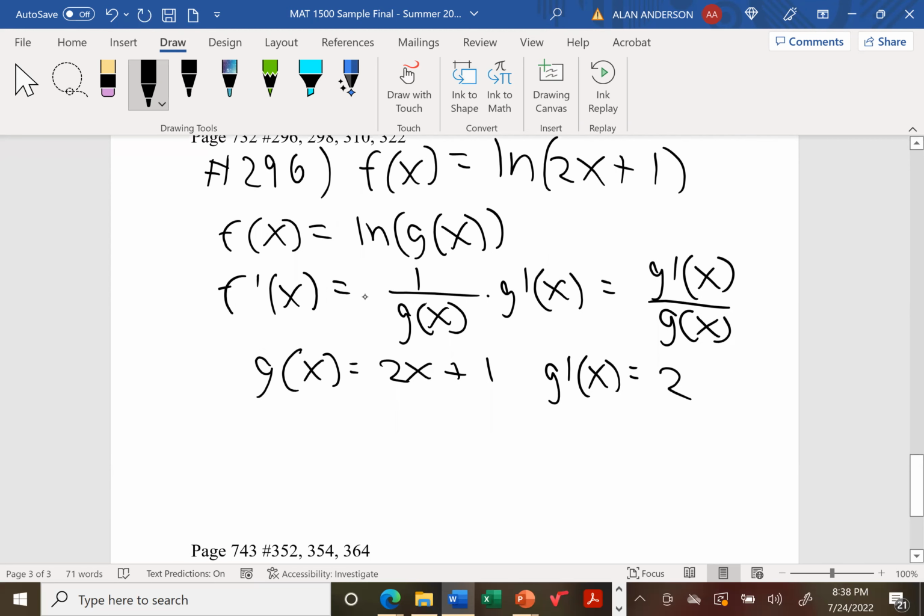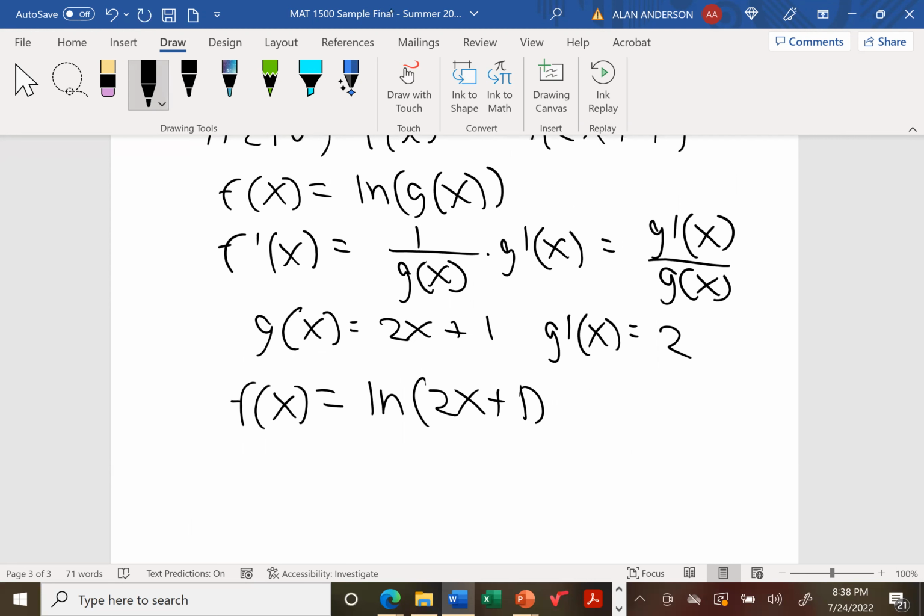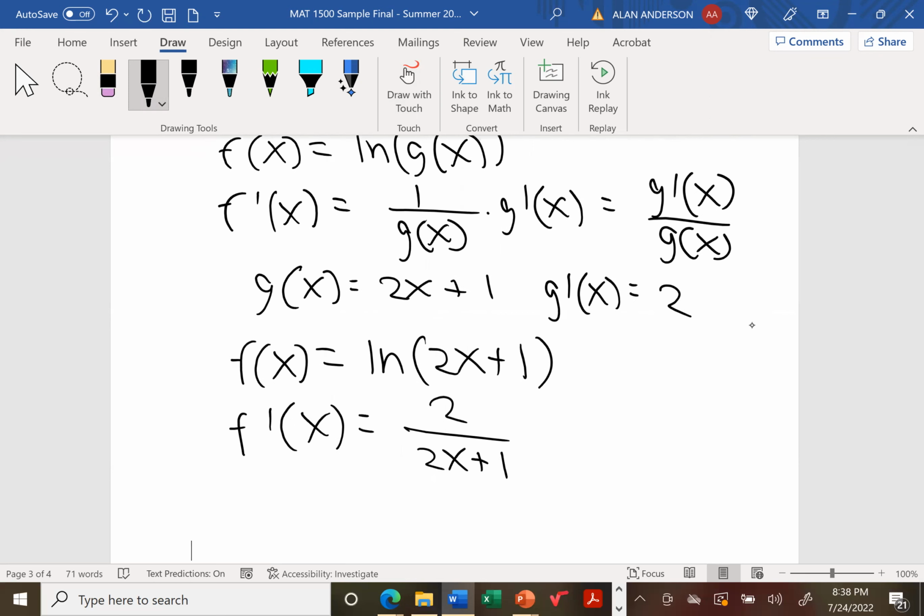And so our final result, if f of x is log 2x plus 1, then f prime of x is very simply 2 over 2x plus 1. G prime of x over g of x. All right.